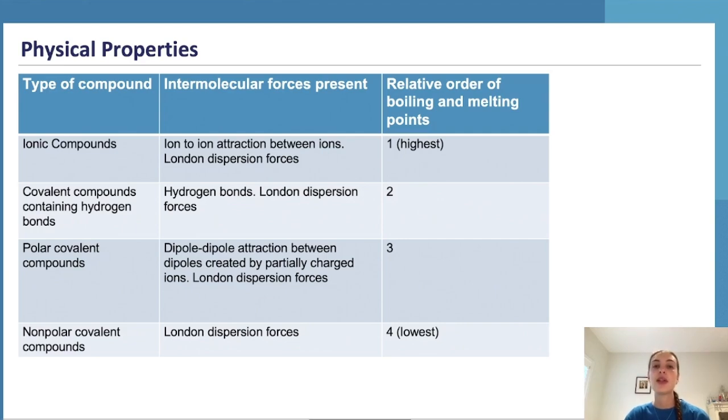They'll also have London dispersion forces like any other molecule, and so hence they are the next in the rank of height of melting and boiling points. Then finally we've got our non-polar covalent compounds, and these don't have any other intermolecular forces other than the London dispersion forces, and because the dispersion forces are quite weak, they are going to provide these compounds with the lowest melting and boiling points.